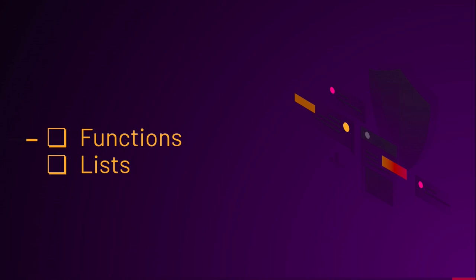In terms of the data types, you do have a data type that is a list, and the special thing about this one is that it can hold multiple values. Previously we've been dealing with just a variable that is capable of holding only one value.